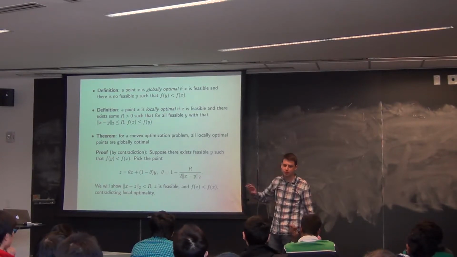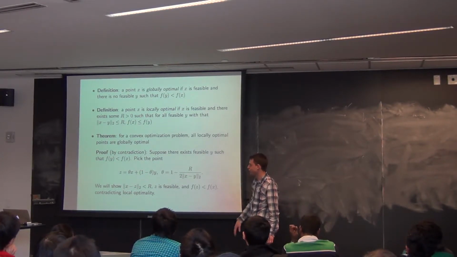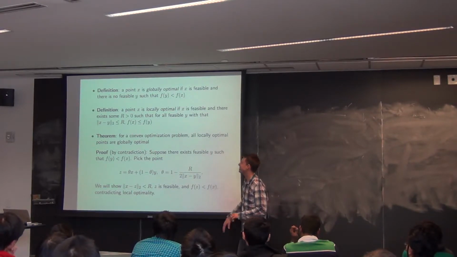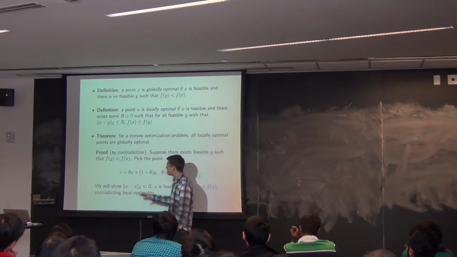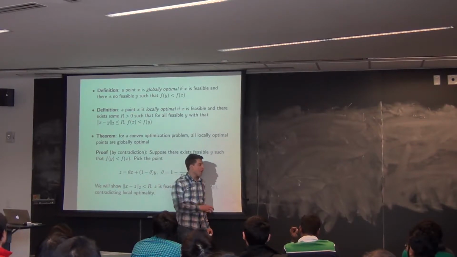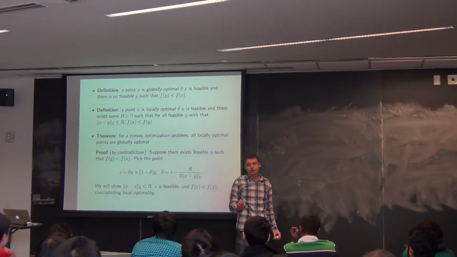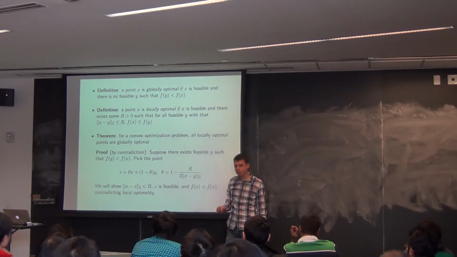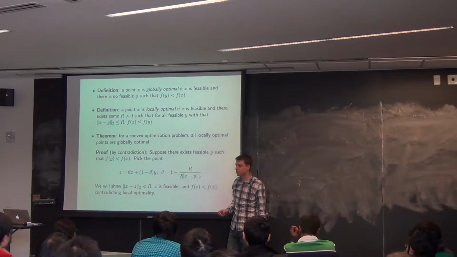Okay, now here's the theorem, and it's probably a two-line proof, maybe five lines in slide form. The property about convex problems is that any locally optimal point is also a globally optimal point.